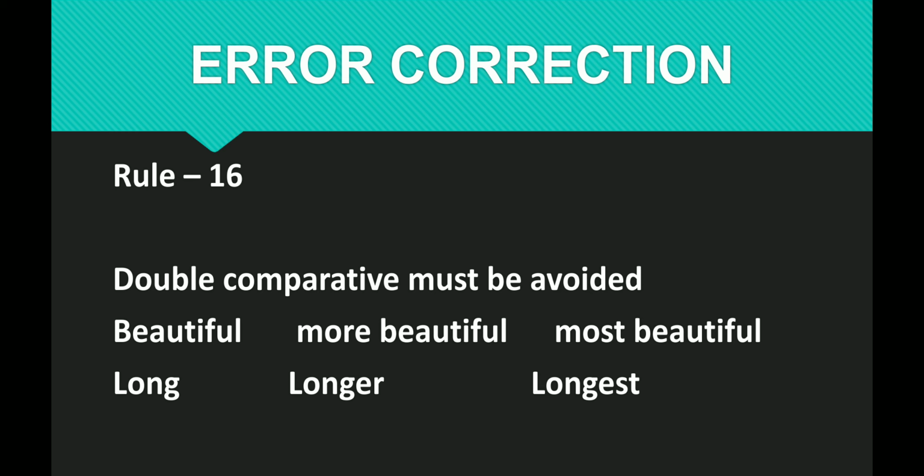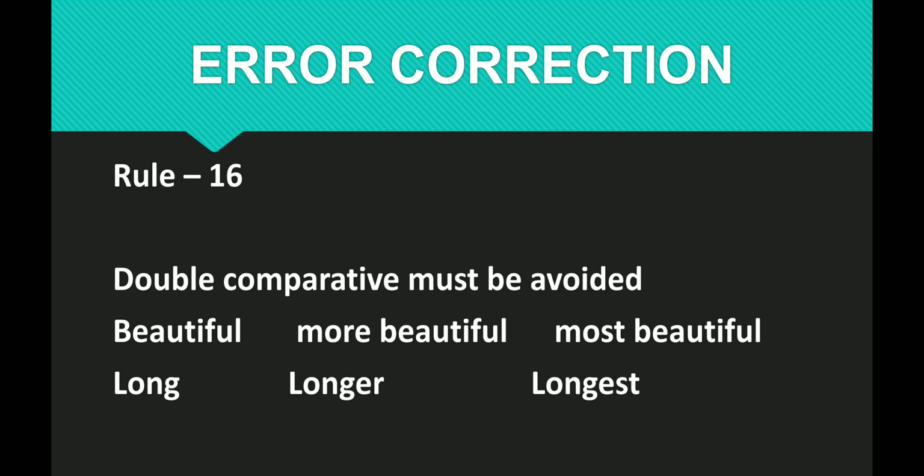But in the second system, long, one syllable, our pattern of comparative and superlative degree must be longer and longest. I want to say if it is two syllables, more and most must be used before it. If it is one syllable like long, then er and est, longer and longest, will be used.